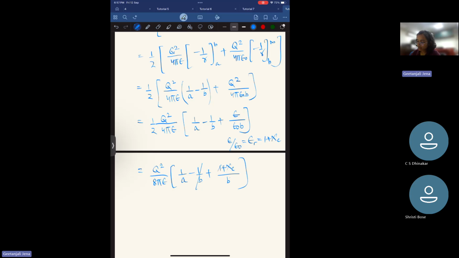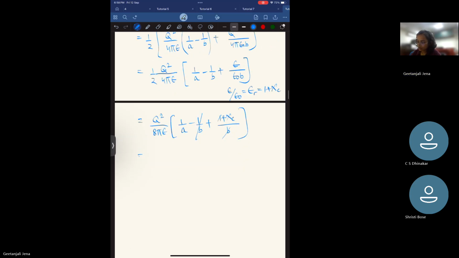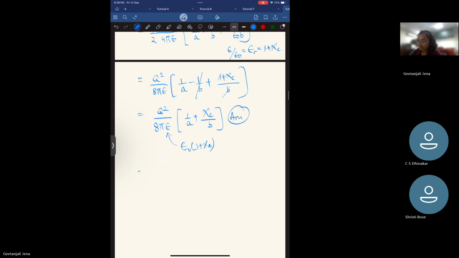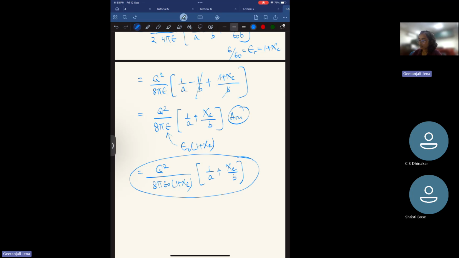So 1 by b will cancel with one of these values. So the energy will be Q square by 8 pi epsilon, and we have 1 by a plus chi e by b. And you can further simplify it, since epsilon is epsilon naught times 1 plus chi e. So are the steps clear to you? If you have any doubt, feel free to ask. This will be the final answer.